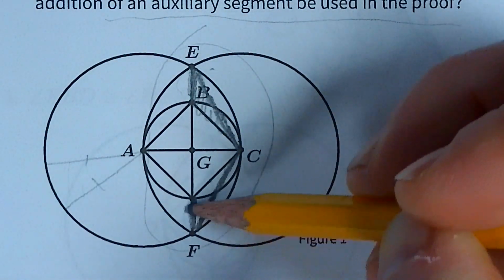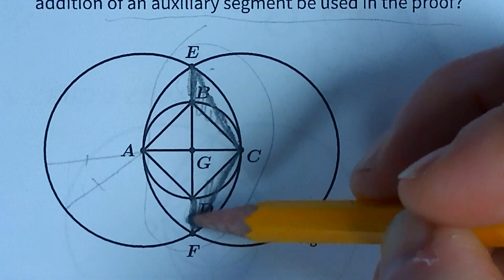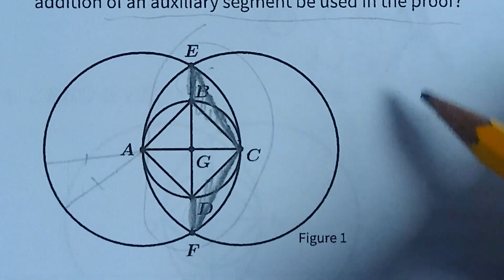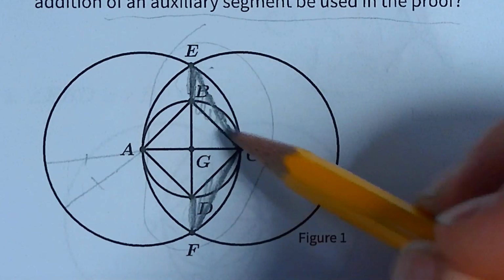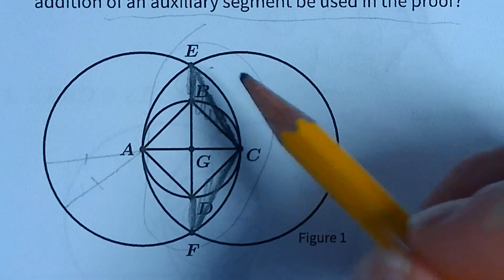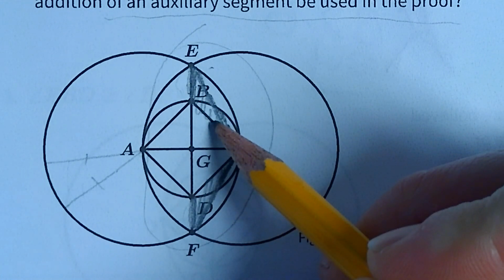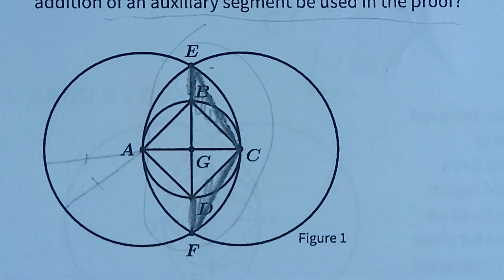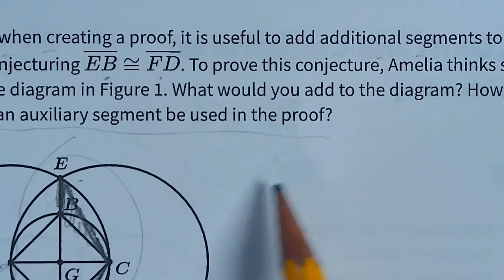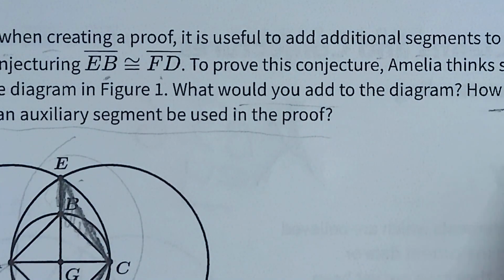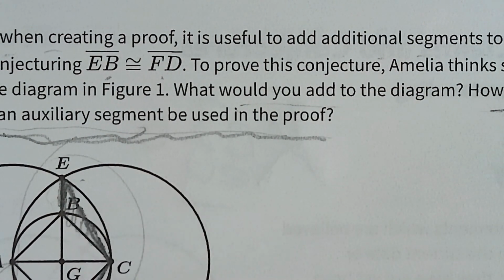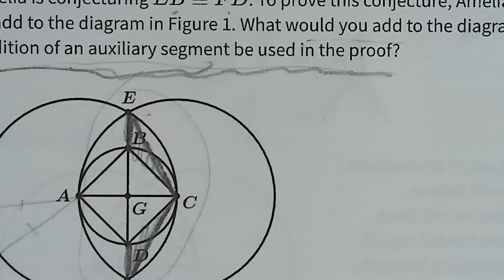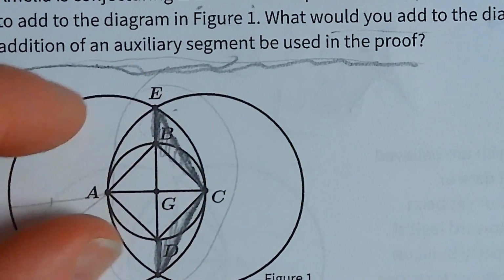If these 2 wedgy triangles are congruent, then we can use CPCTC: corresponding parts of congruent triangles are congruent. Okay, we don't actually have to prove it, right? How might this addition of an auxiliary segment be used in the proof? Well, if we can prove these 2 wedge triangles are congruent, then the little segments will be congruent.